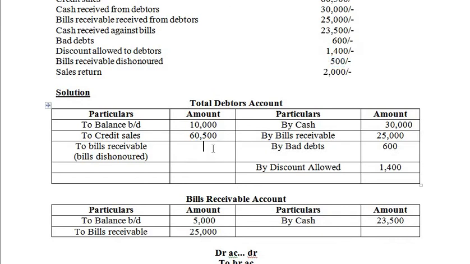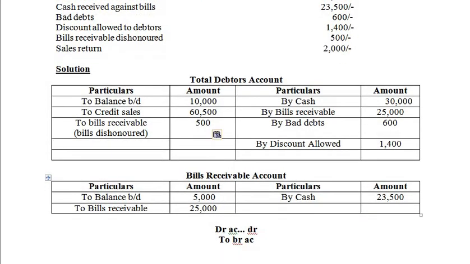So the amount is how much? 500. Debtors account debit to bills receivable 500.